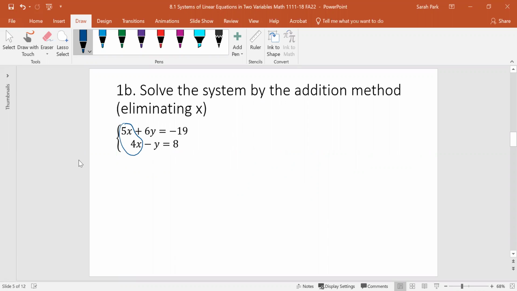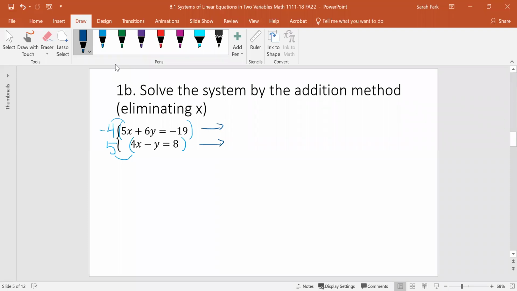If you have 5x, we would want the bottom one to be negative 5x, but right now it's not. So a way to change that is to think about a number that they can both be, but opposites, one positive, one negative. We can do that by multiplying the top equation by negative 4 and the bottom equation by positive 5, because then we would get negative 20x on top and positive 20x on the bottom.